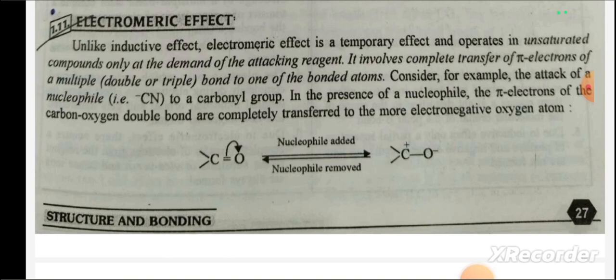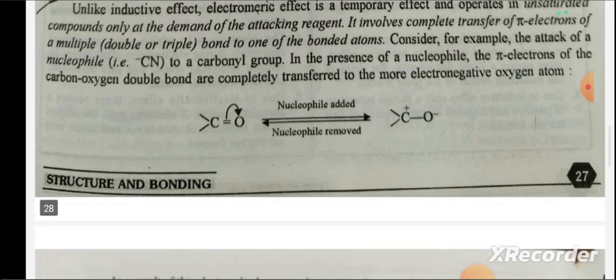It involves complete transfer of pi electrons of a multiple bond to one of the bonded atoms. Consider, for example, the attack of a nucleophile on a carbonyl group. In the presence of a nucleophile, the pi electrons of the carbon oxygen double bond are completely transferred to the more electronegative oxygen atom. Here we see the reaction take place.